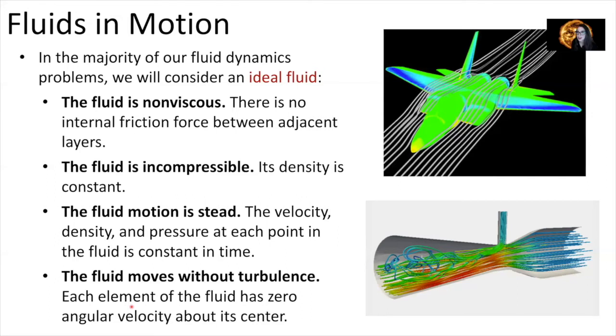So if something is turbulent, imagine the fluid parcel is going to be spinning around or rotating around some center. So in this case, we're going to assume we've got essentially a laminar flow, which is what's happening here. The flow goes up and over the parts of the airplane without creating turbulence. Although inside here we do, so these lines here are tracing out what we call streamlines of the fluid along the direction of the fluid flow, okay?